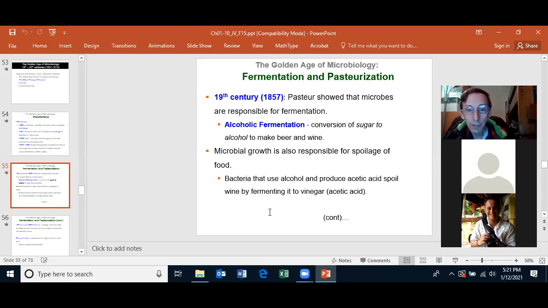When you take grape juice and you ferment it, you will get wine. Other organisms can ferment the alcohol in the wine into vinegar, and that is actually how they make wine vinegar.